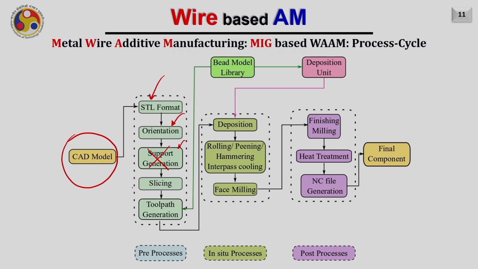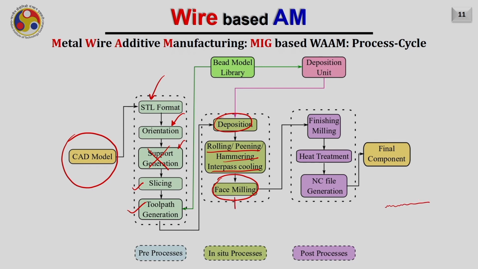Then we do the slicing and generate the tool path. After generating the tool path, we go for the deposition, and if required, we do some in situ processes such as rolling, peening, hammering or interpass cooling. Then if required, we also perform a face milling operation, which is sometimes essential when a lot of oxide has scaled up on the top surface.